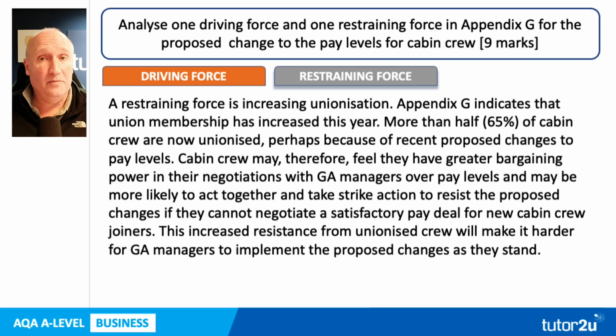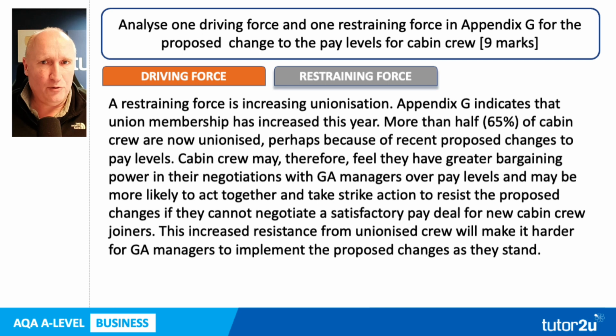More than half, so I'm manipulating the data, brackets 65%, more than half of cabin crew are now unionised, perhaps because of the recent proposed changes to pay levels. Cabin crew may therefore feel that they have greater bargaining power in their negotiations with GA managers over pay levels, and maybe, not will be, but may be more likely to act together and take strike action to resist the proposed changes if they can't negotiate a satisfactory pay deal for the new cabin crew joiners.